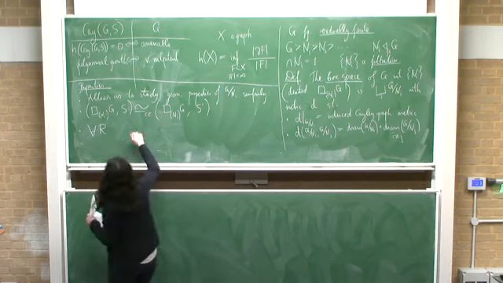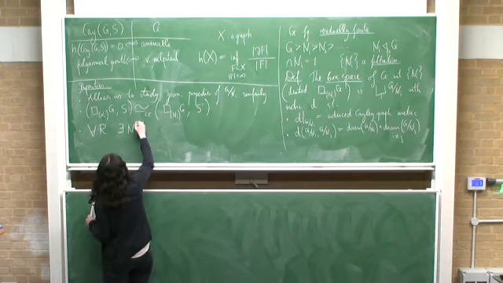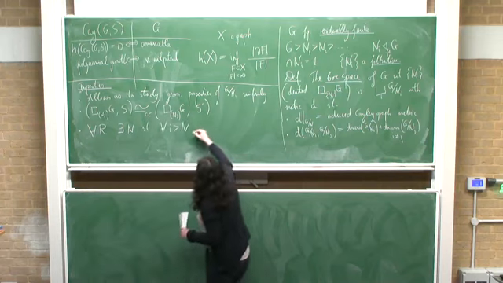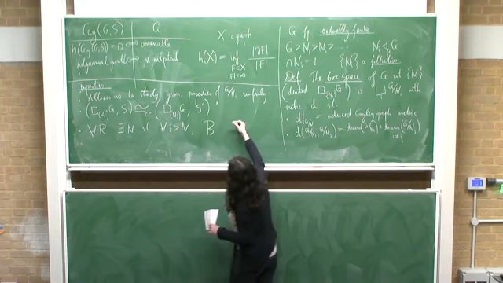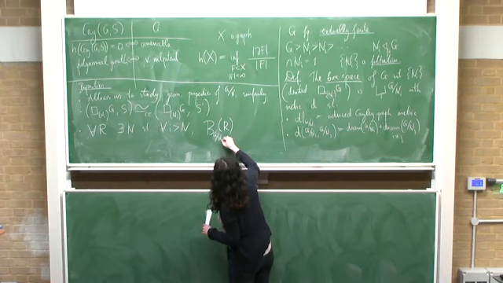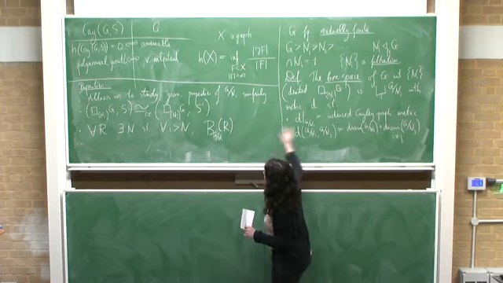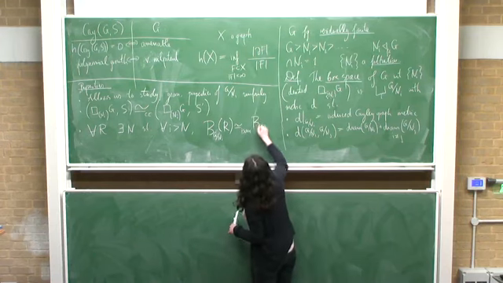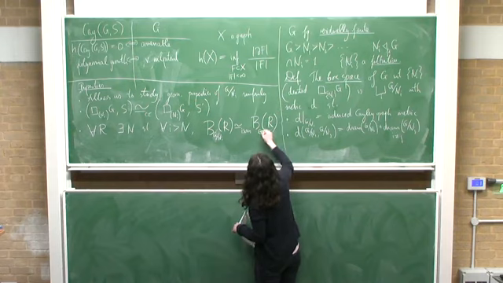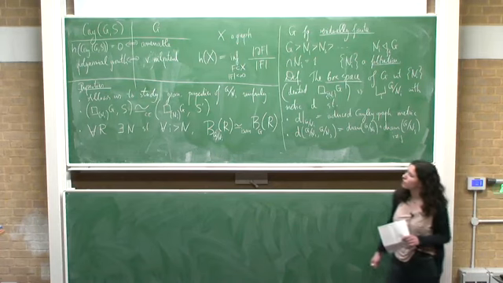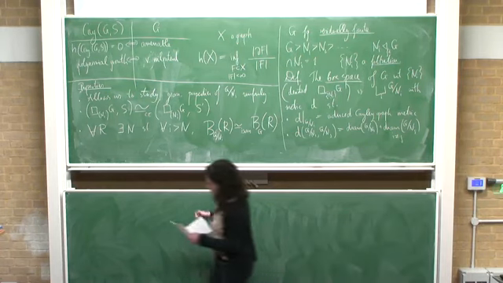Okay, so for all R, there exists some n such that for all i bigger than n, the balls of radius R in the quotients with the box space metric are actually isometric to balls in the Cayley graph. Okay, so we're recovering some of our Cayley graph structure in this metric space.